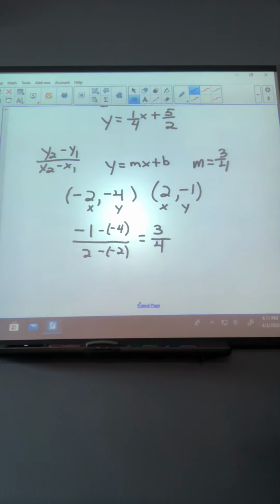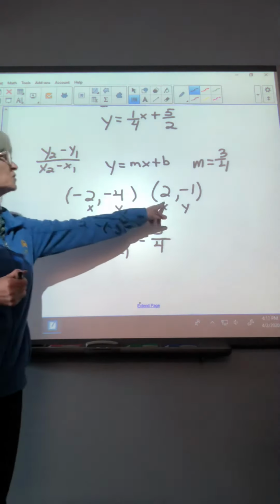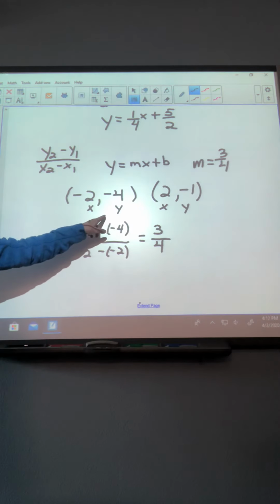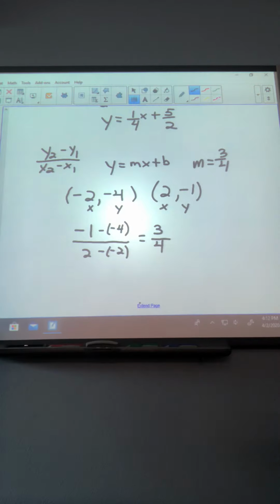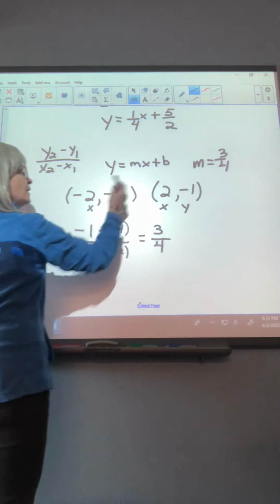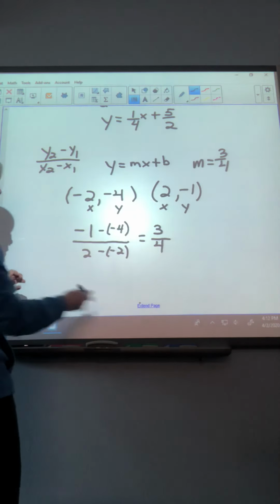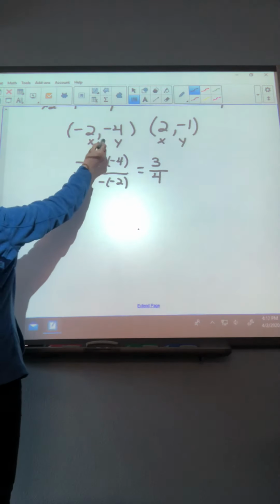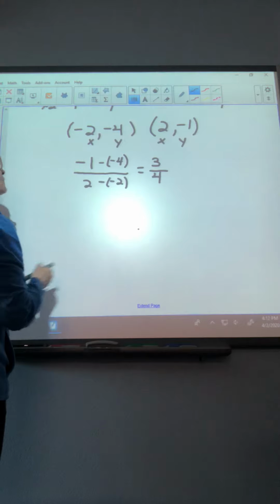So now we need to choose one of these 2 points, and we're going to use the point to help us solve the rest of the equation so that we get y is equal to mx plus b. So we have to solve for the b. So I'm just going to use this one because it's right in front of me.